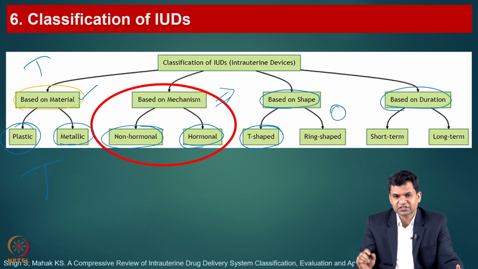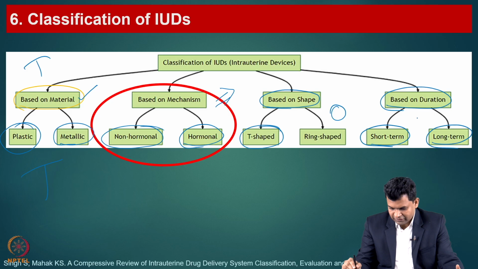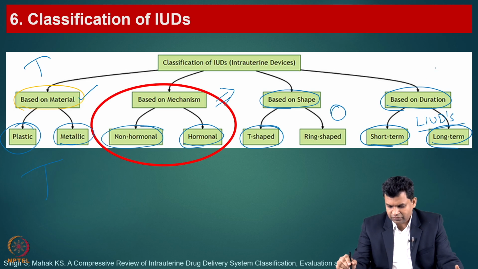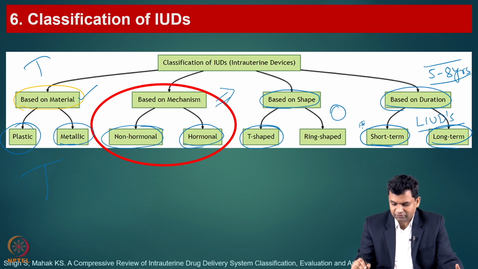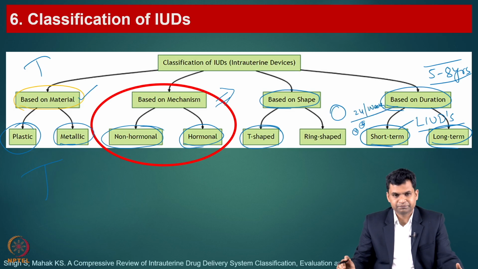Next is based on the duration of action, classified into short term as well as long term. Long-term intrauterine devices are used for 5 to 8 years for various applications, contraception as well as high bleeding cases. Short-term devices can be used for 24 hours or for 1 week in short-term cases.